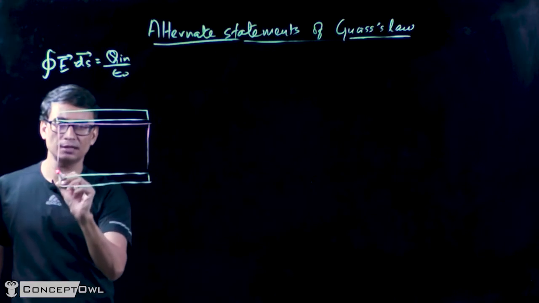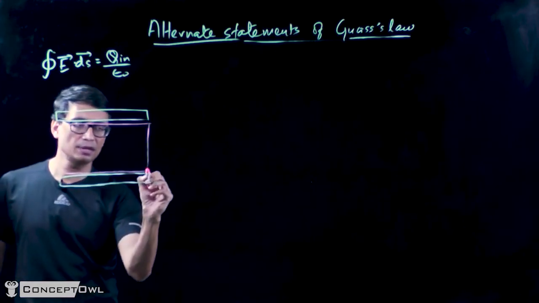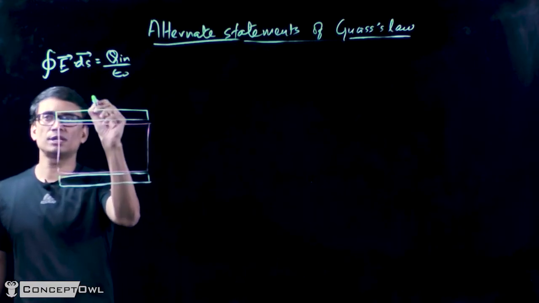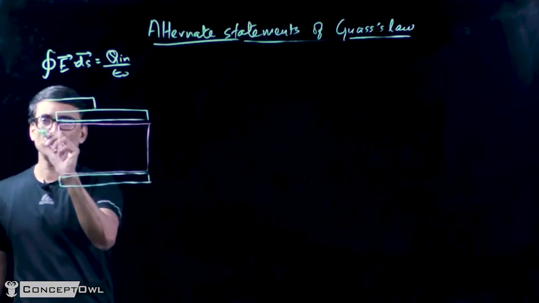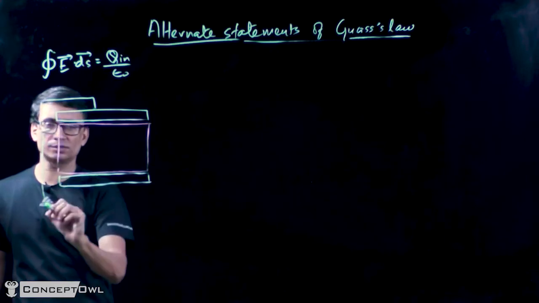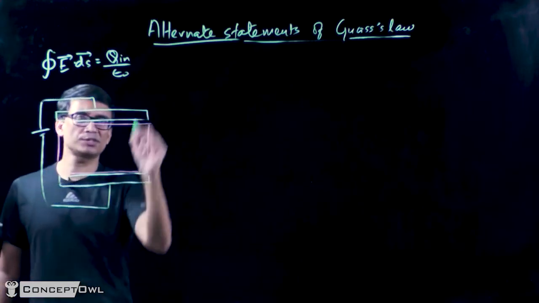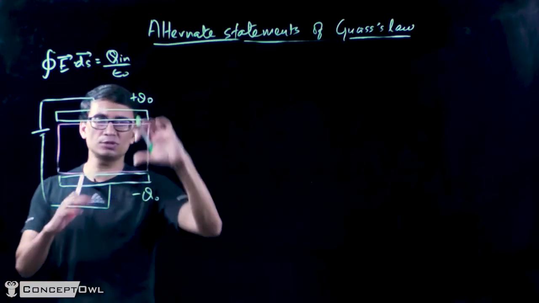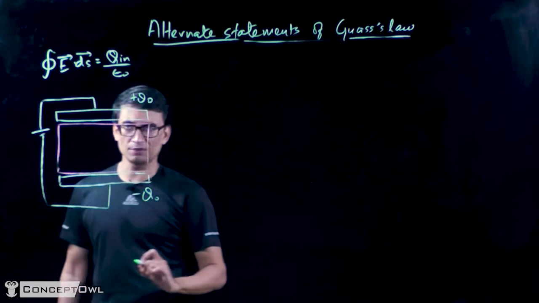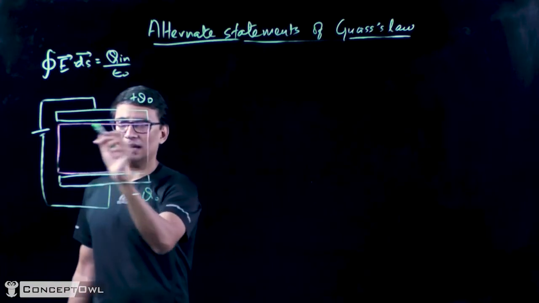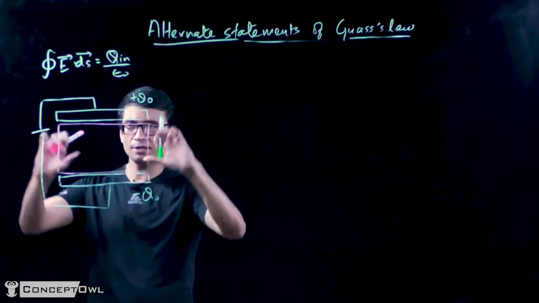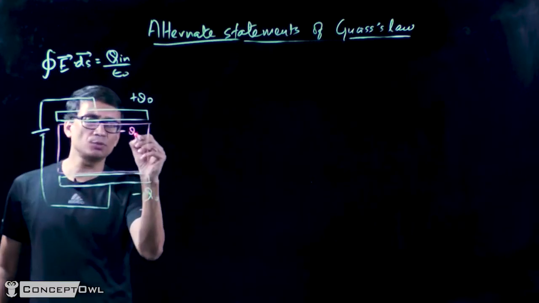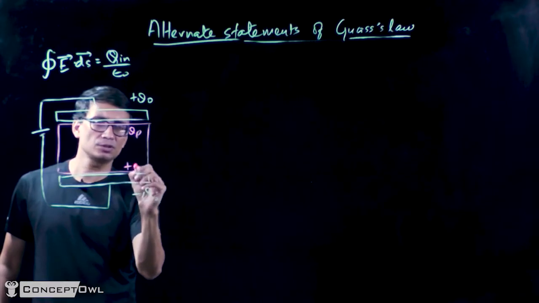Now let's say we connect this to some battery, and because of that there is some charge. So there is charge, let's say plus Q naught and minus Q naught on the two surfaces, and in the dielectric there'll be some induced charge, and let's say that is minus QP and plus QP.